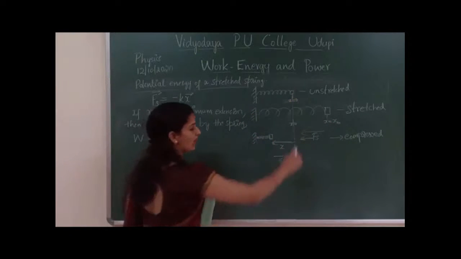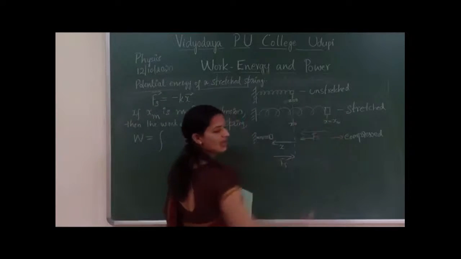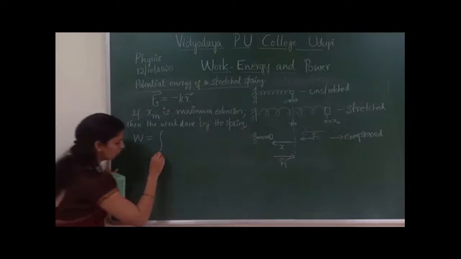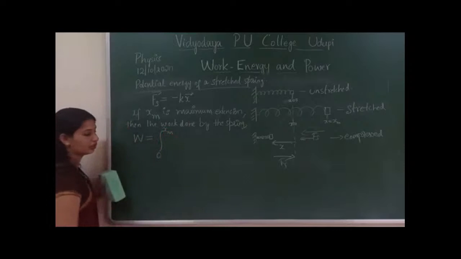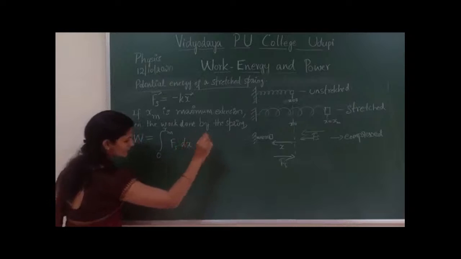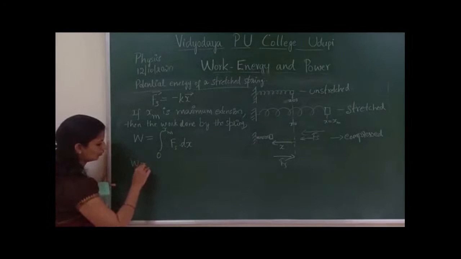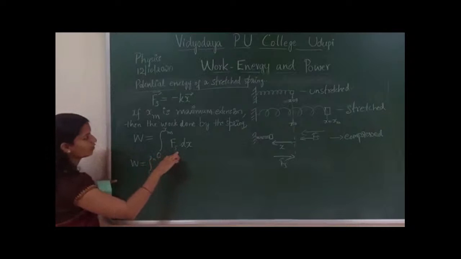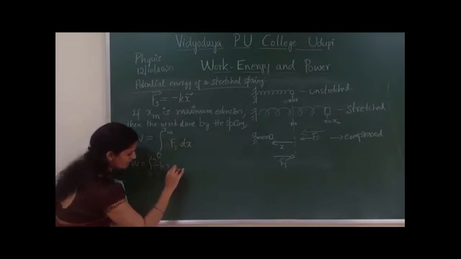At equilibrium position, the value of x is 0. At maximum extension, the value of x is xm. So, the limit is from 0 to xm of Fs into dx. This is the expression for variable force. Just substitute, the value of Fs is minus kx dx.